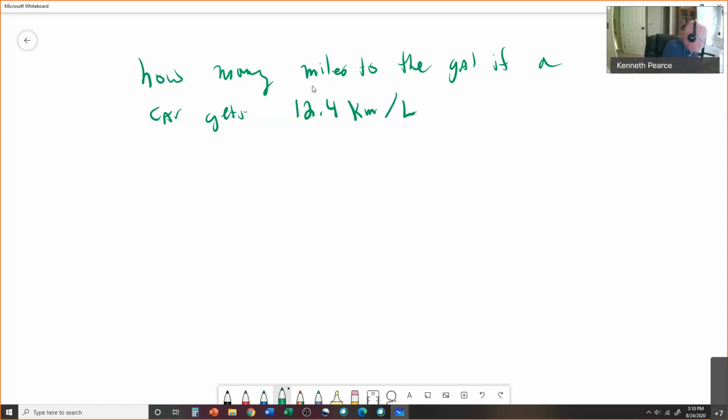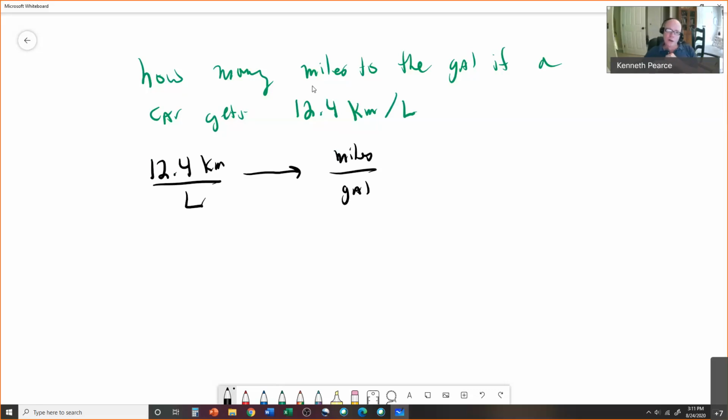Okay, and so let me mark my spot here. And so I look back, and this is the plan. The given number that I have, the measured number, is 12.4 kilometers per liter, and we're trying to go to miles to the gallon. Now I learned when I was in your position that you don't generally want to try to tackle something over something to something over something. You can, but it makes it vastly more difficult.